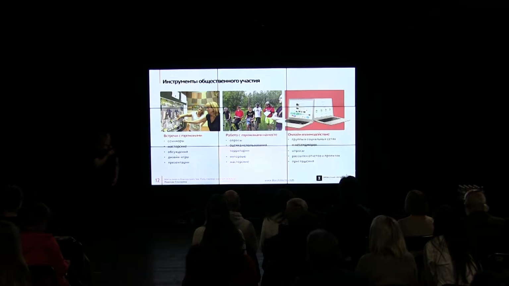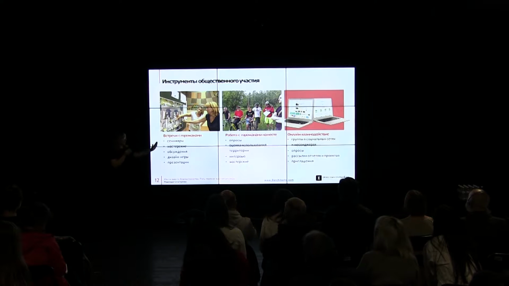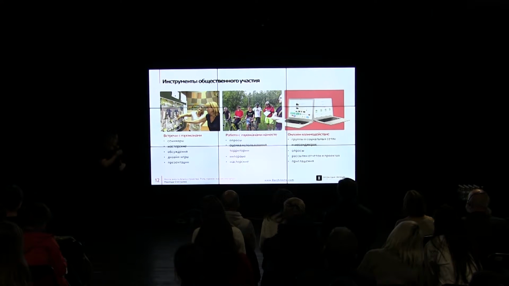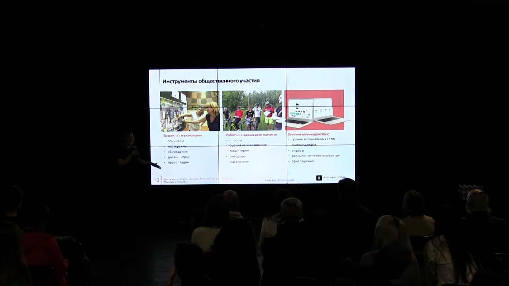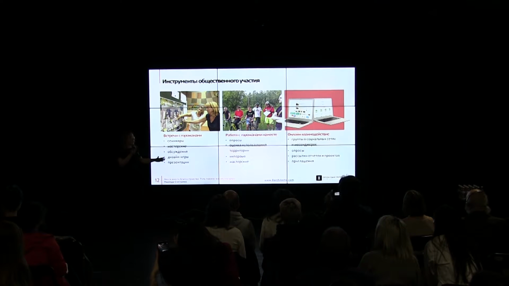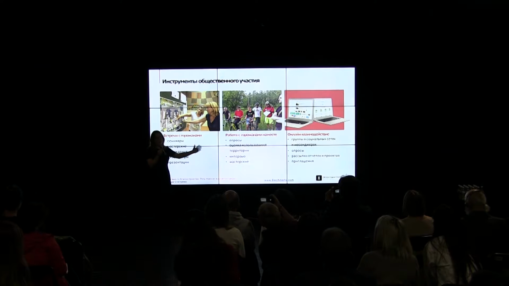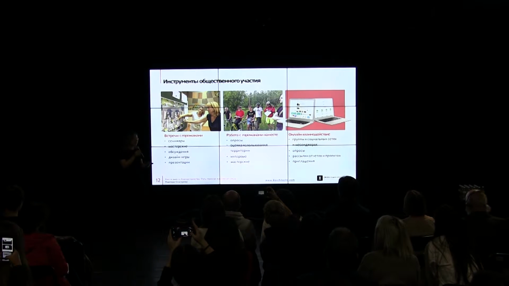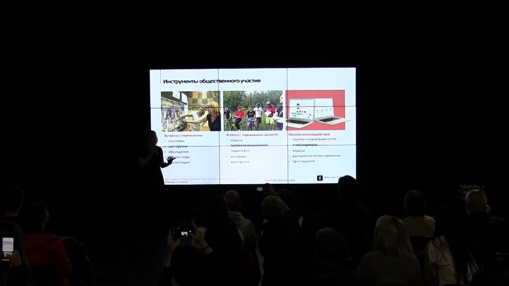because any successful project is underpinned by people, and our tools can be divided into three. First of them is meeting with citizens, and these meetings can have several forms, starting from workshops and discussions. The second group of tools is working with citizens locally.